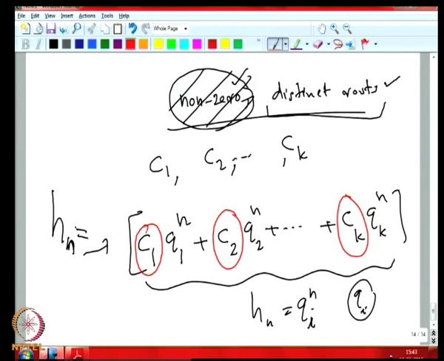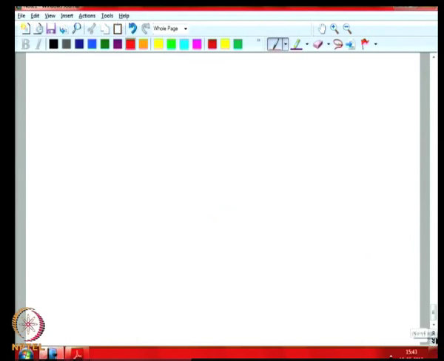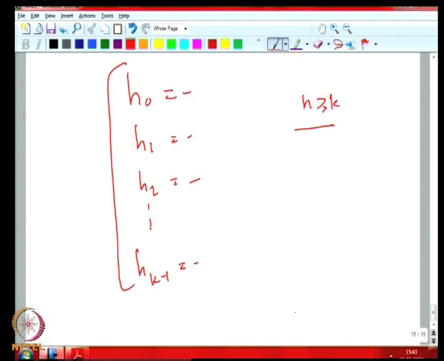Now we use that freedom to match the initial conditions. How many initial conditions will there be? We will have H0 given, H1 given, H2 given, up to Hk minus 1 given, because our recurrence relation is valid only for n greater than or equal to k. So these initial conditions should be given.